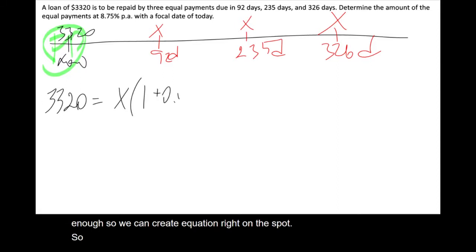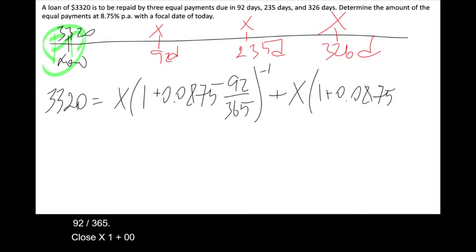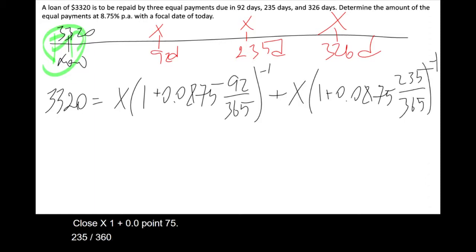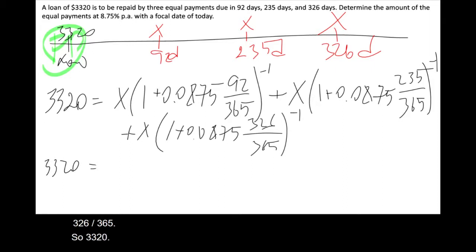So 1 plus 0.0875, 92 over 365, negative 1 plus x, 1 plus 0.0875, 235 over 365, negative 1 plus x, 1 plus 0.0875, 326 over 365, negative 1. So 3320 equals, so let's calculate.